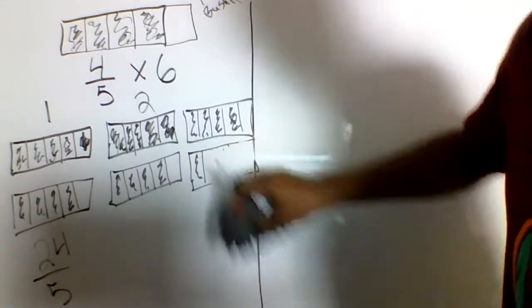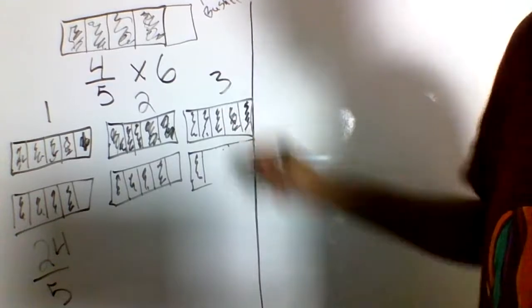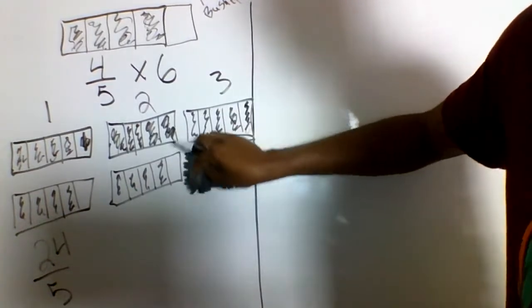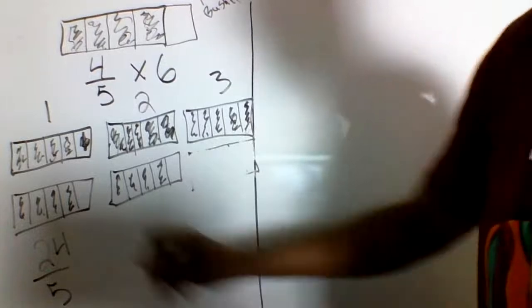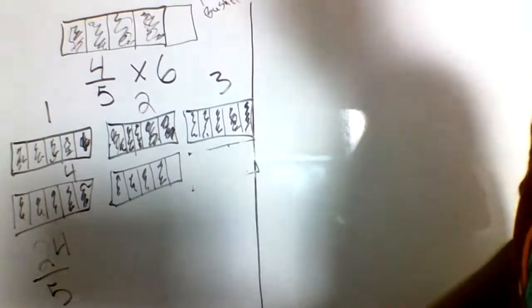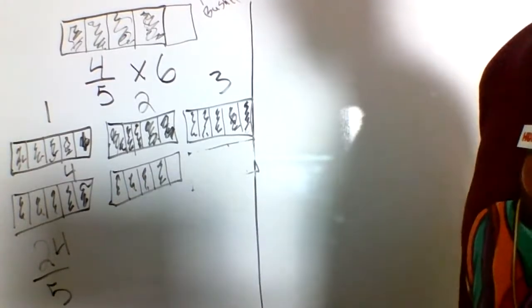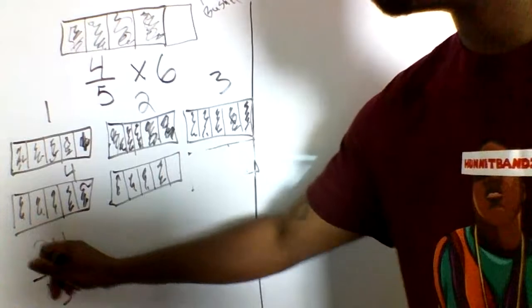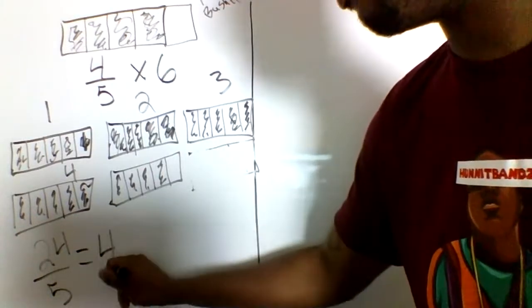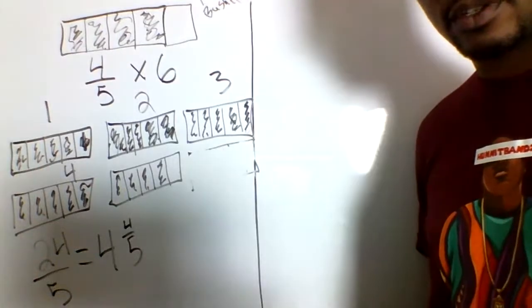Take one from right here and put it right here, that's 3 wholes. Take one from there and put it right there, that's 4 wholes. And 1, 2, 3, 4 out of 5. So 24 over 5 is 4 wholes and 4/5.